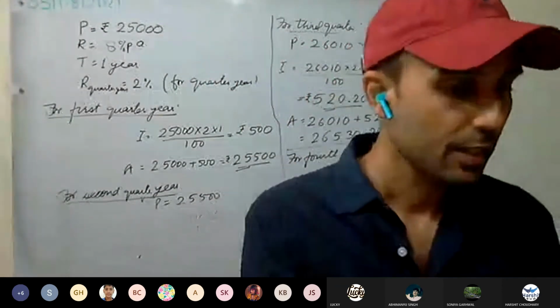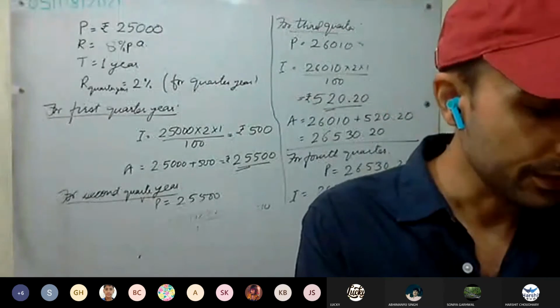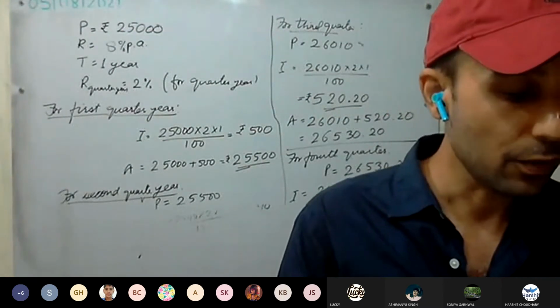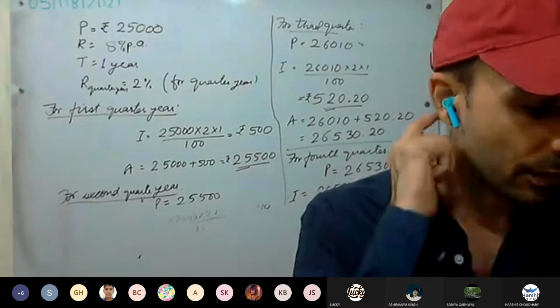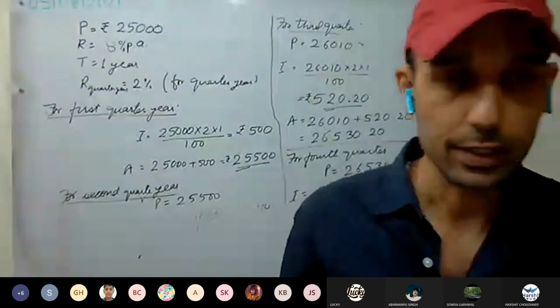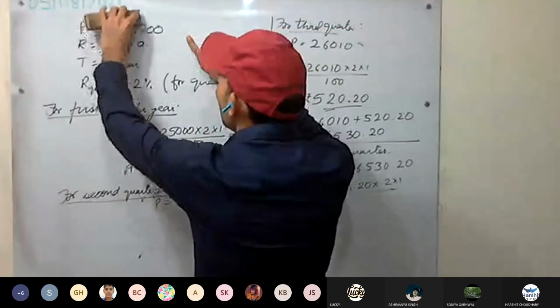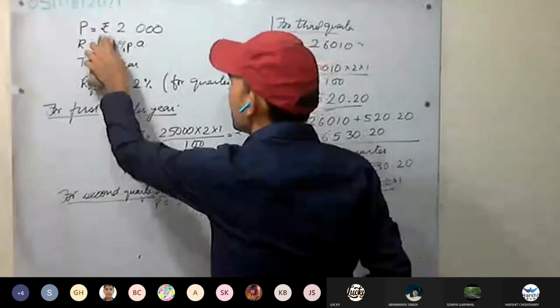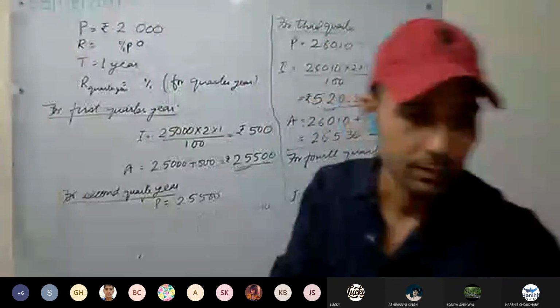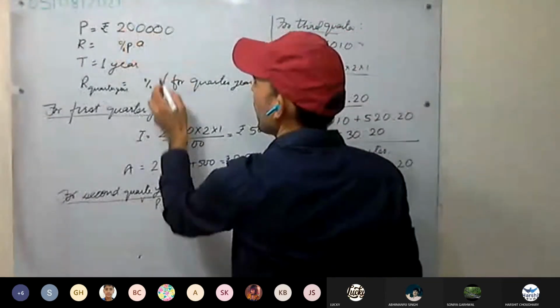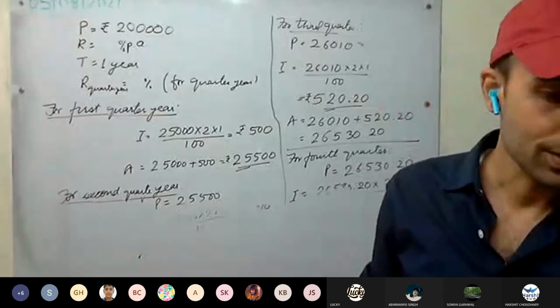So how much is the money? Money borrowed is 2 lakh rupees from a credit card company at 20% per annum, compounded quarterly. Find the compound interest and the amount after 1 year. So how much is the principal? 2 lakh. And the rate is how much? 20%.